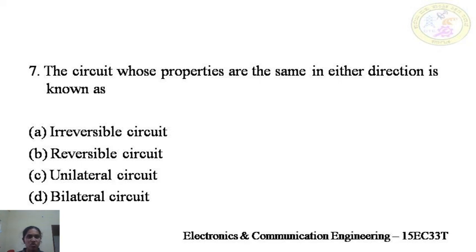The circuit whose properties are the same in either direction is known as option A irreversible circuit, option B reversible circuit, option C unilateral circuit and option D bilateral circuit.